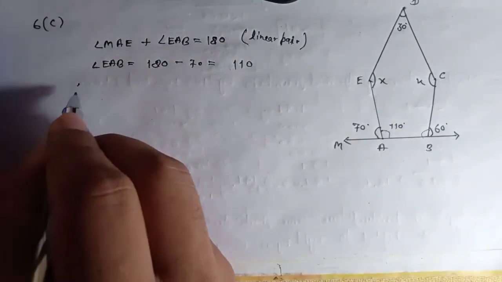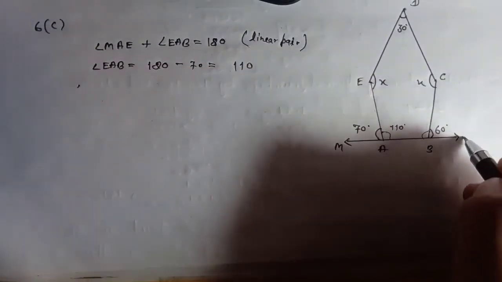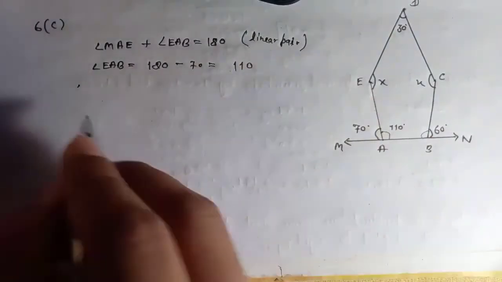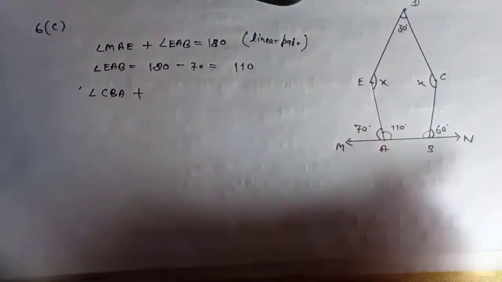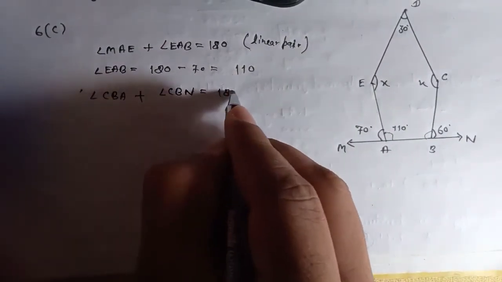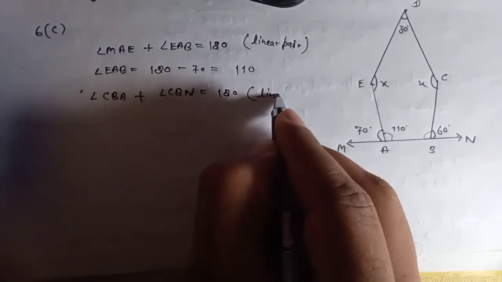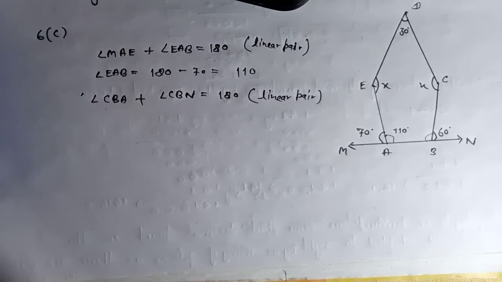For this angle we have angle CBA, and if it is N, okay, angle CBA plus angle CBN is equal to again 180 degrees. Why? Again it forms a linear pair of angles, and linear pair of angles means if two angles give the sum of 180 degrees, then it means they form a linear pair of angles.